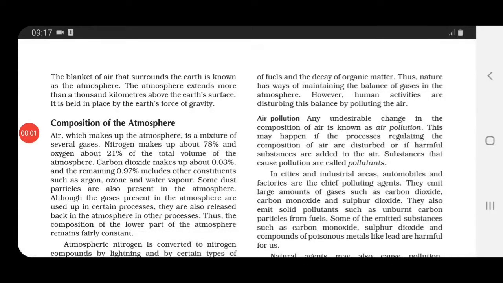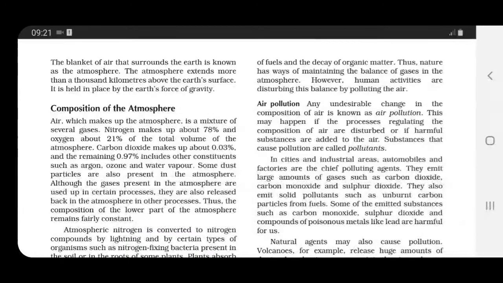Now children, talking about the composition of atmosphere. Okay, see, air which makes up the atmosphere is a mixture of several gases. Air जो atmosphere बनाता है, okay, that is a mixture of several gases. बहुत सारी gases का mixture है air, okay. Now children, different gases are present in different amounts, okay.